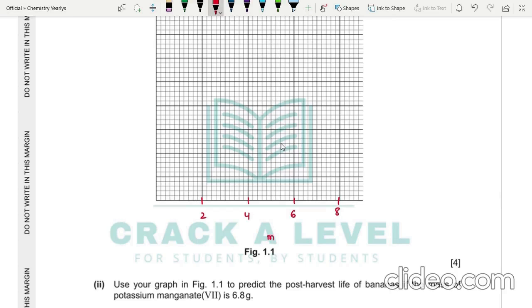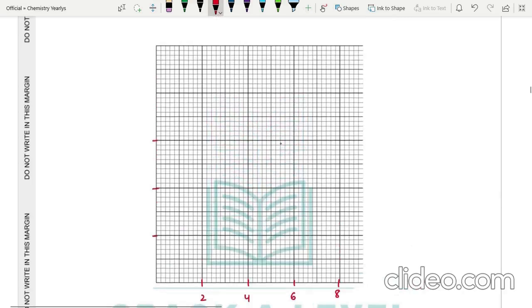It was the mass of the potassium permanganate, and the unit was grams. On the y-axis we have 5 boxes. Let's divide 13.65, the highest value, by 5.